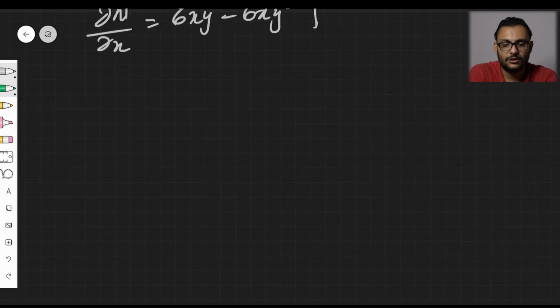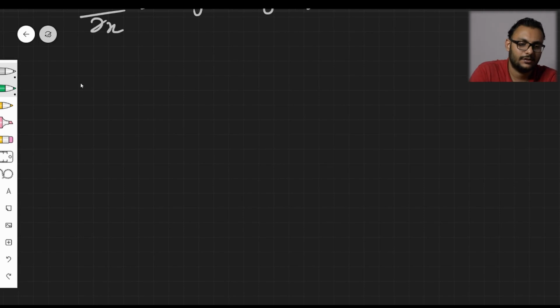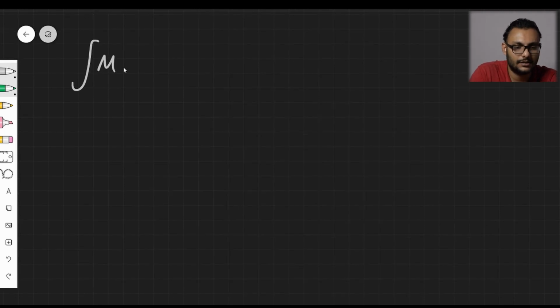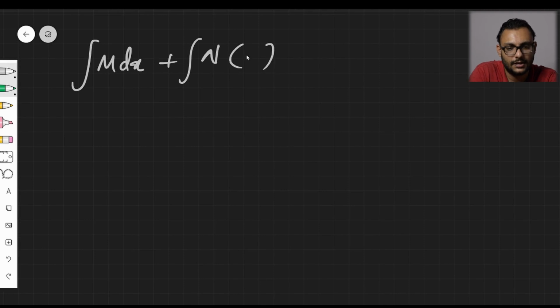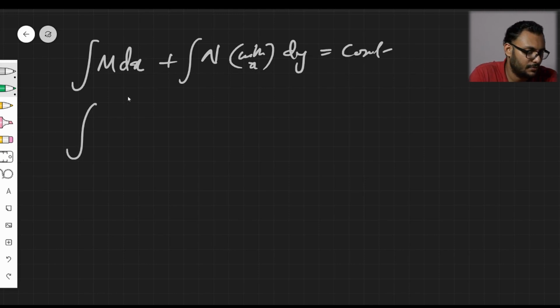Now for the solution, we know that we just want to integrate M with respect to dx plus integrate N without x into dy equal to a constant. So integrating M, what do you mean by M?